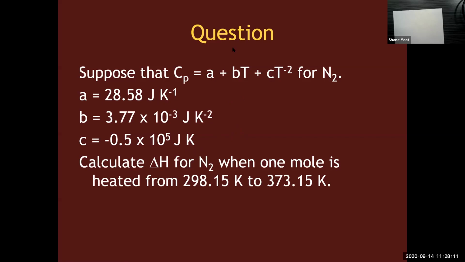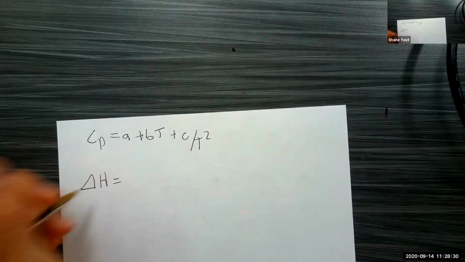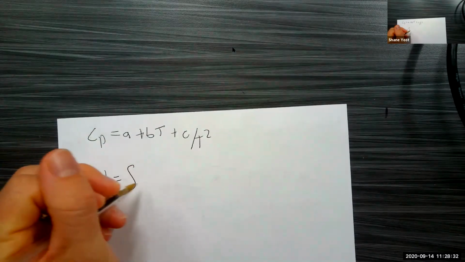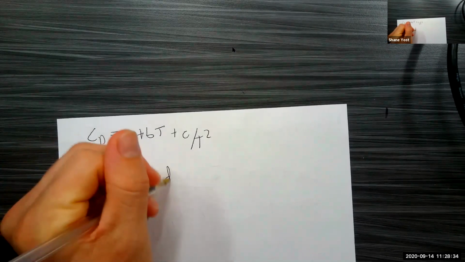Yep, exactly. So if I wanted to solve this problem, Cp is A plus BT plus C over T squared. If I wanted to solve for delta H, delta H in general is the integral of Cp dT.